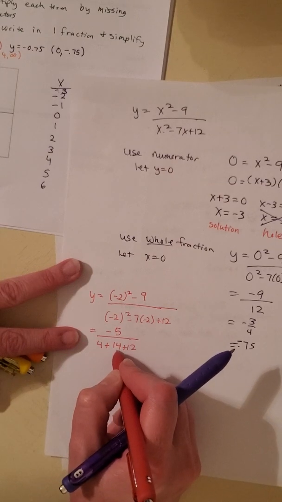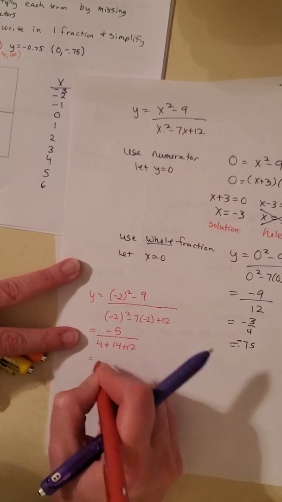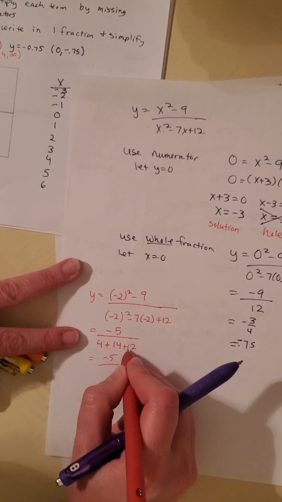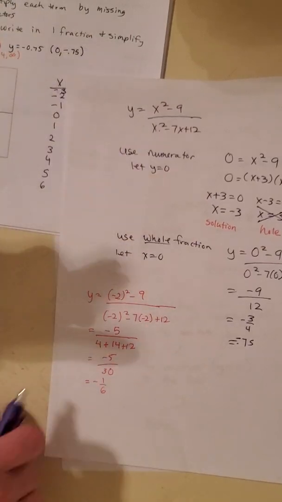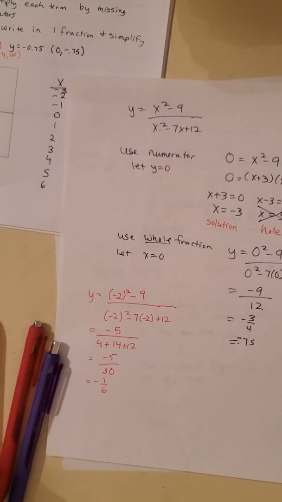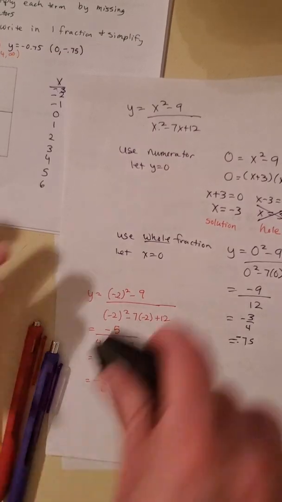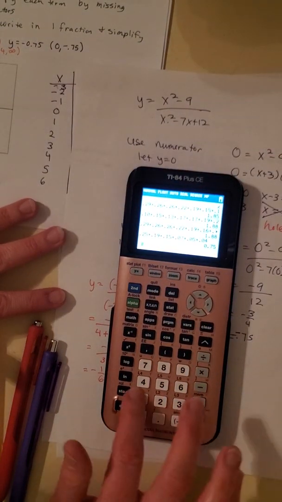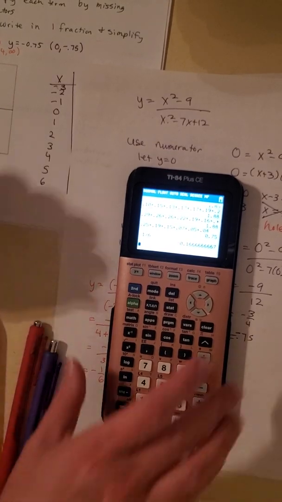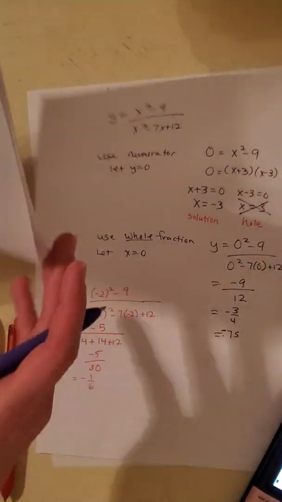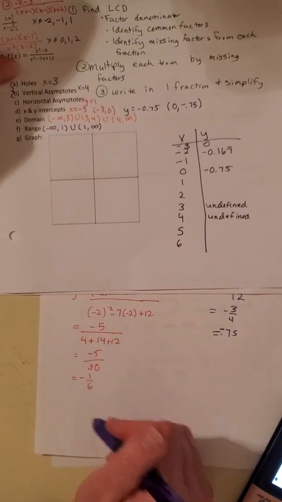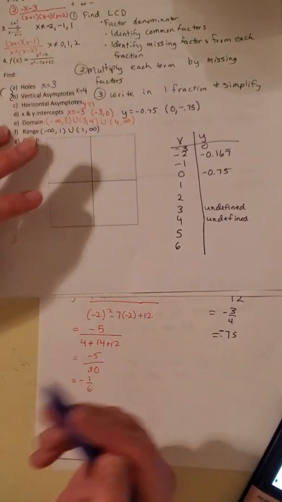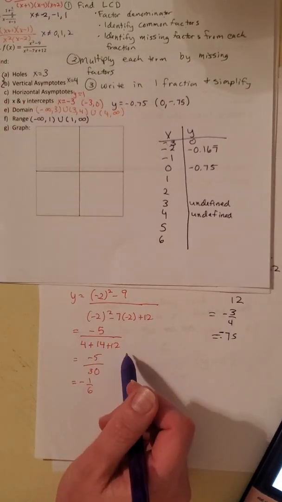And 4 plus 14 is 18. 18 plus 12 is 30. So this is -5 over 30, which is negative 1 over 6. And then I'm going to use my calculator to turn that into a decimal value. So negative 1 divided by 6 is negative 0.167 repeating. All right, and then you do this over and over again. When you do that, you have to be very careful watching your signs.